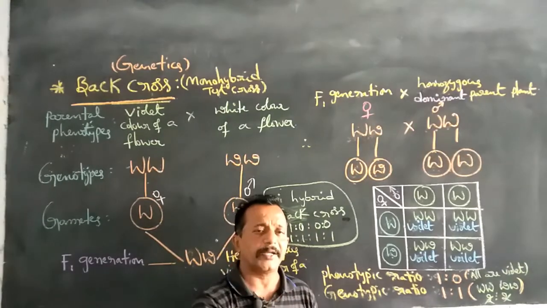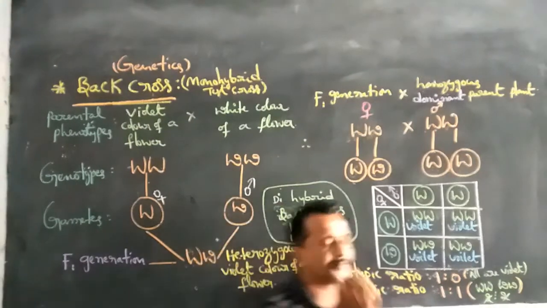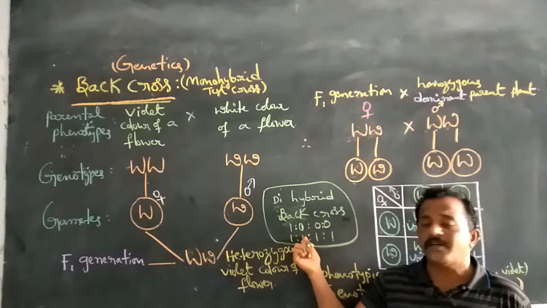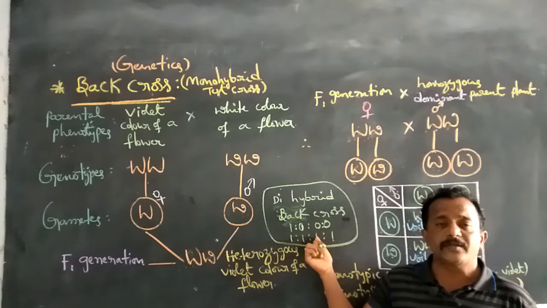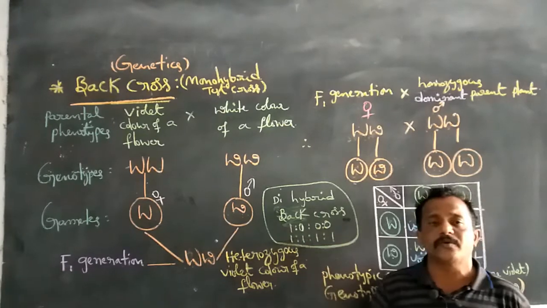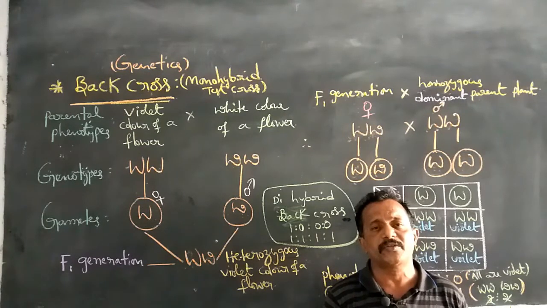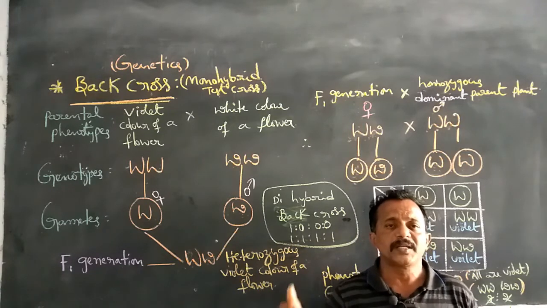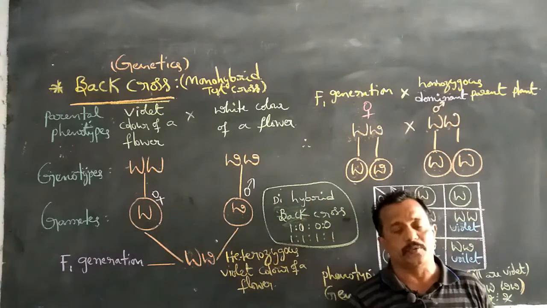But the dihybrid test cross phenotypic ratio is 1:1:1:1. That is one is round yellow seeds, another is round green seeds, another is wrinkled yellow seeds, another is wrinkled green seeds. So the dihybrid back cross genotypic ratio is similar to the dihybrid test cross phenotypic ratio and genotypic ratio, which are both the same.